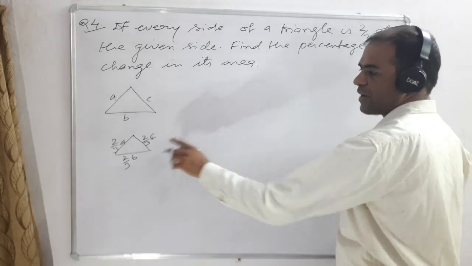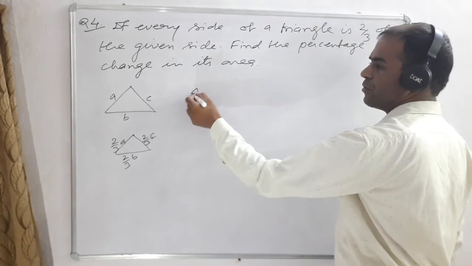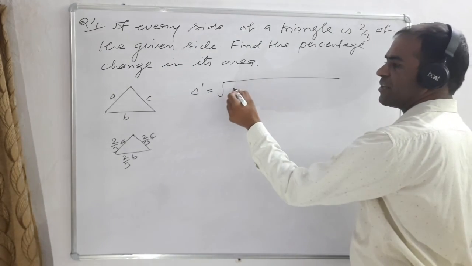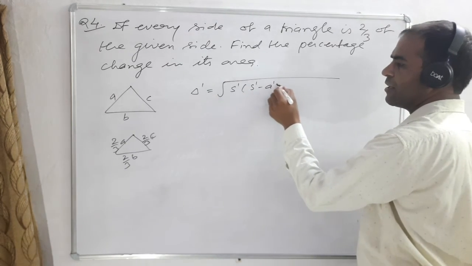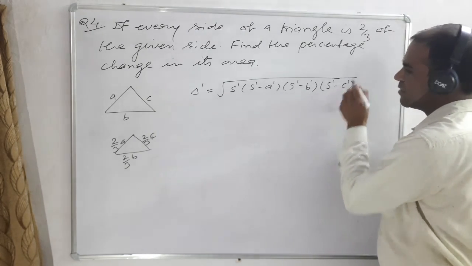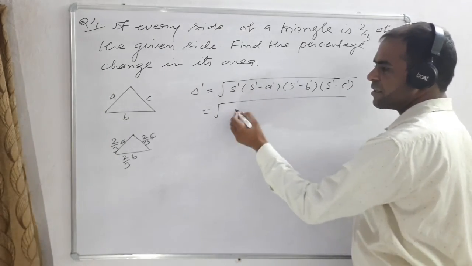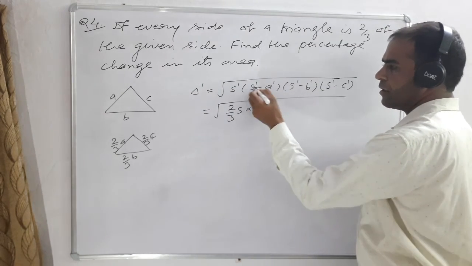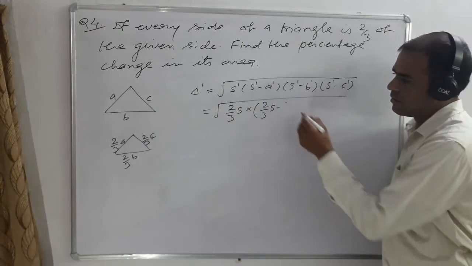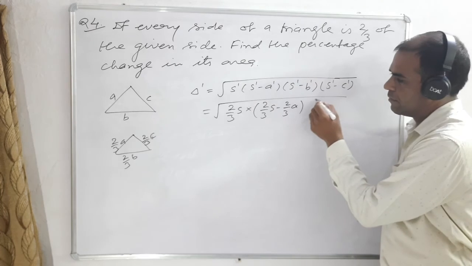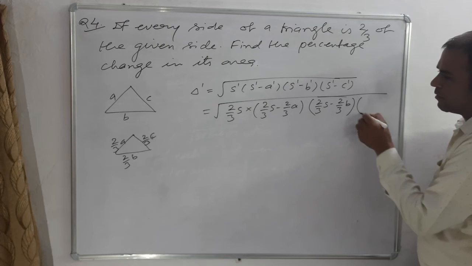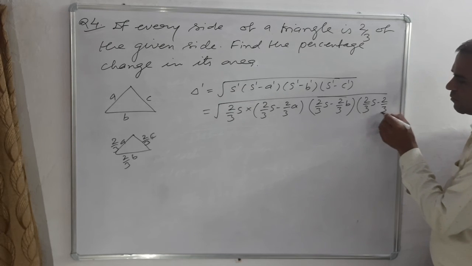After that, we will find the area of the new triangle. The new triangle's area is denoted by del dash, which is root of S dash, S dash minus A dash, S dash minus B dash and S dash minus C dash. S dash is 2 by 3S, so 2 by 3S minus 2 by 3A, 2 by 3S minus 2 by 3B and 2 by 3S minus 2 by 3C.